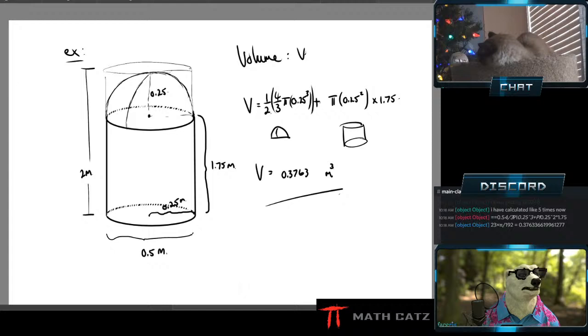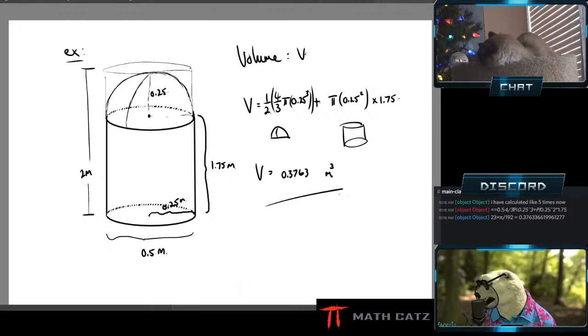So, okay, you're saying you're getting 13.9248. That seems very big. And that can happen, right? So the only thing I could really do to get a sense of whether this is reasonable: my answer should sit somewhere between just the bottom cylinder, because I'm adding to that, the cylinder of height 1.75, and the cylinder with a height of 2 meters.